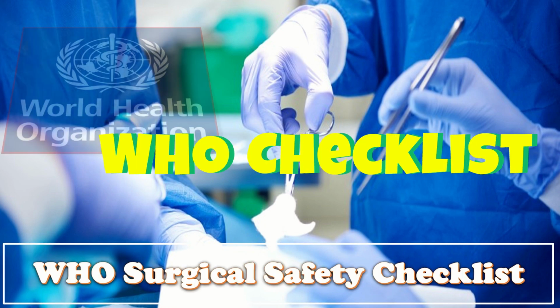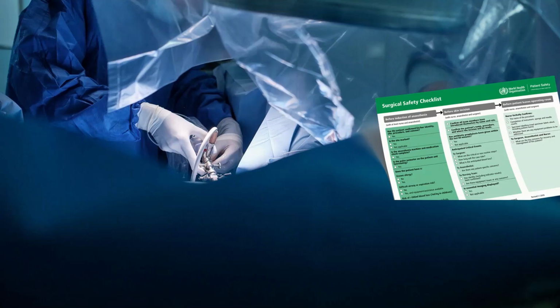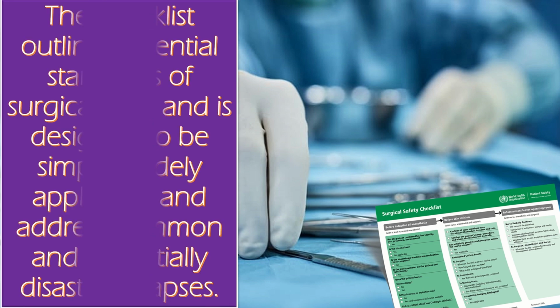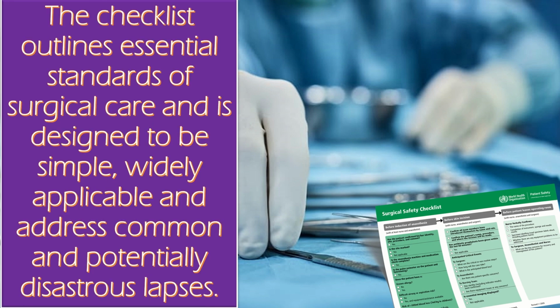WHO's Surgical Safety Checklist is a tool created by leaders in surgery, anesthesia, nursing, and quality improvement to reduce the number of errors and complications resulting from surgery. The checklist outlines essential standards of surgical care and is designed to be simple, widely applicable, and address common and potentially disastrous lapses.